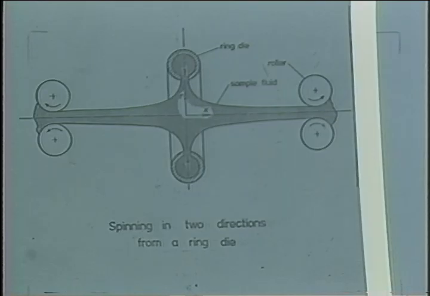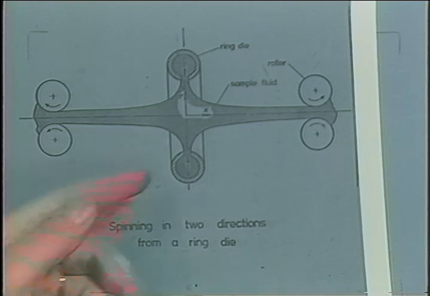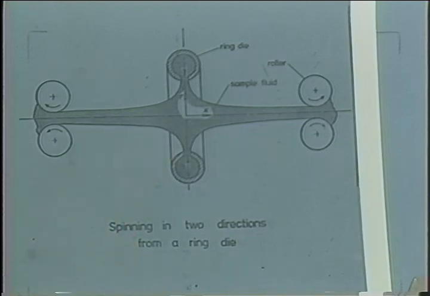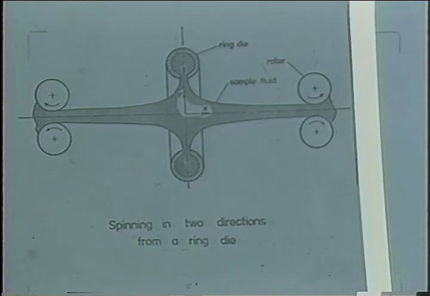That's the velocity field which is desirable to have. So the spinning should go in two directions, and nobody is spinning like that. But just for you to appreciate the kinematics which we are looking for extensional flow.